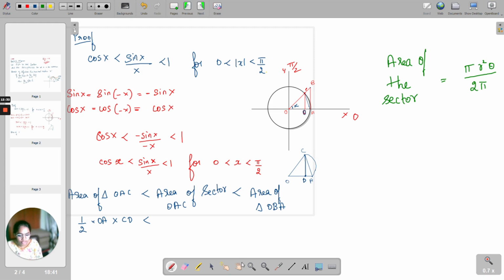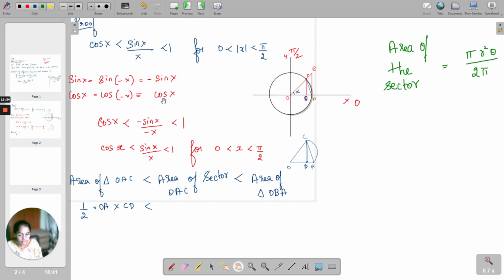So 2 pi is 360 degrees in radians. So I would get pi times r square, where r is the radius of the circle, that is OA, right? The angle that we have taken is x, divided by 2 pi. This is less than the area of the triangle OBA.